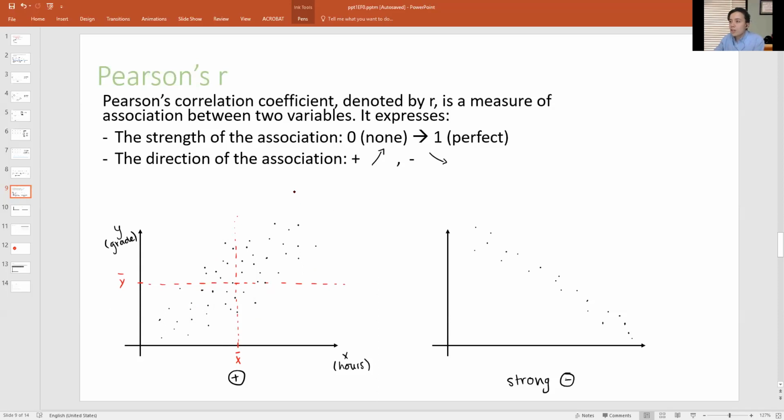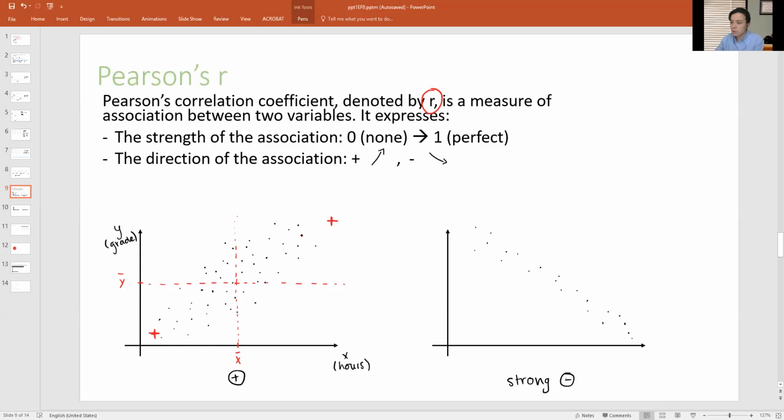So what the correlation coefficient, the number R, does is that it basically counts the number of points that are here and here. These two quadrants with respect to the line, so we're basically dividing our plane into 4 pieces.